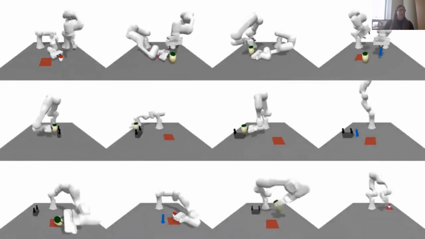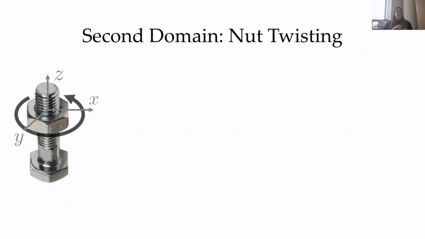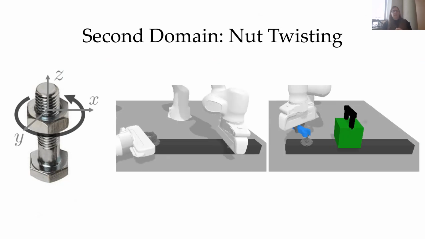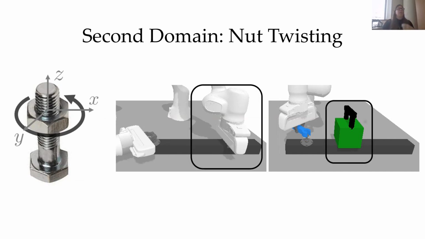We've talked through all of this in the context of this one example of opening a childproof bottle. We've actually applied this to 2 other domains. One other domain is we've gone back to twisting a nut, where now the forceful operation is that we want to exert a torque about our nut, and we give the robot the ability that it can either twist the nut using its hand or pick up and use a spanner, and that it can fixture the bar that the bolt is attached to, either by using a second robot to hold it in place, or the robot reasons that it must pick up a heavy weight and put that down on the bar in order to hold it in place.